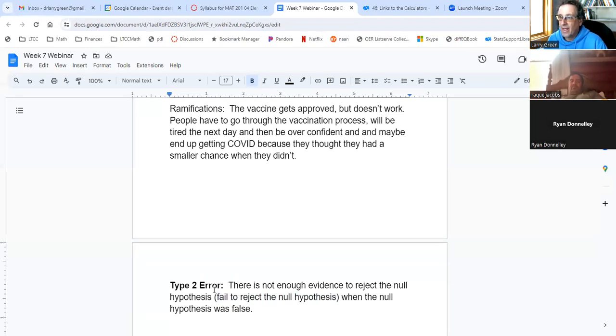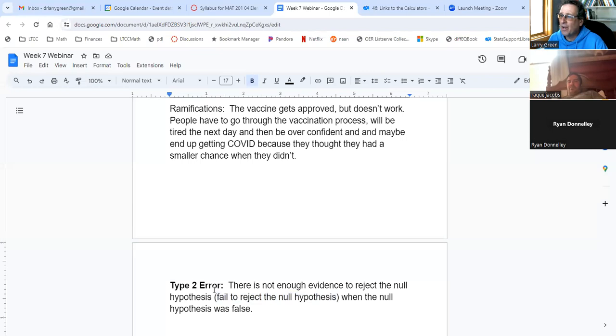Okay, so that's horrible because now all these people are getting COVID when they could have been vaccinated and maybe been much less likely to get COVID. Does that make sense? So it's very different than a type 1 error. So what's worse?